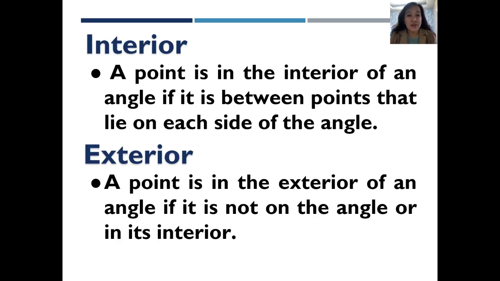What about interior and exterior points? When we say interior point, it is a point which is in the interior of an angle, if it is between points that lie on each side of the angle. When we say exterior, these are the points that are in the exterior of an angle. Therefore, it is not on the angle or in its interior.